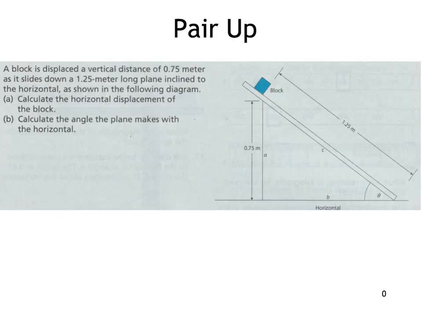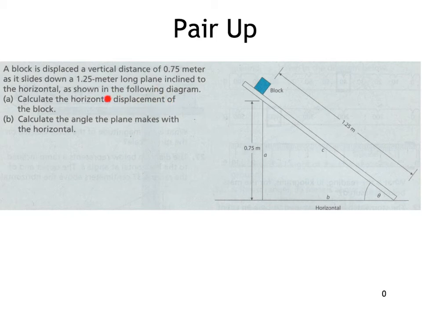It says that we have a block and it's displaced a vertical distance of 0.75 meters. That's basically the height of this triangle. As it slides down a 1.25 meter long plane, inclined to the horizontal at some angle theta, which we don't actually know yet. It wants you to calculate the horizontal displacement of the block.